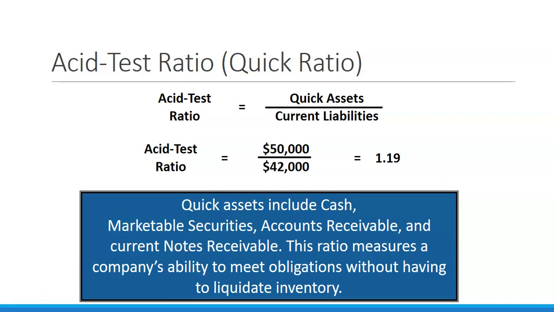So this is how able are we to pay off our liabilities without having to remove inventory in order to do it. So this is our quick assets divided by current liabilities. We want this number to be higher than 1 in all situations, and we would not want to see a declining trend.